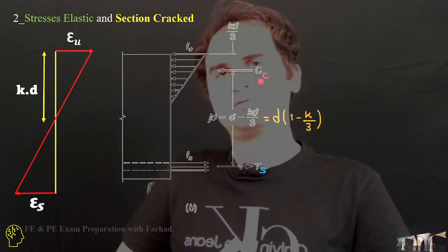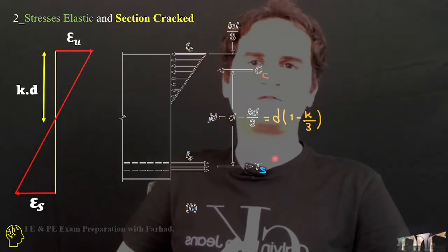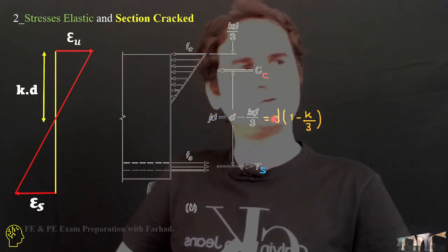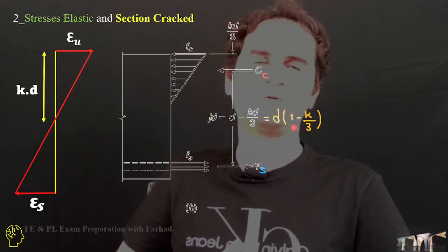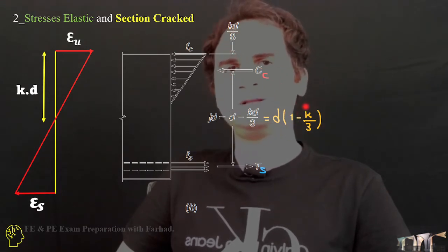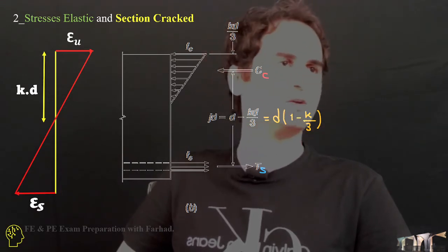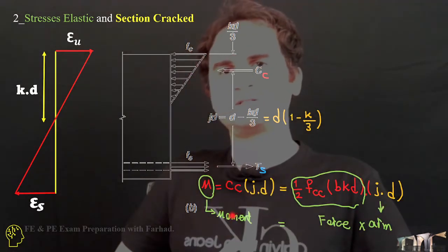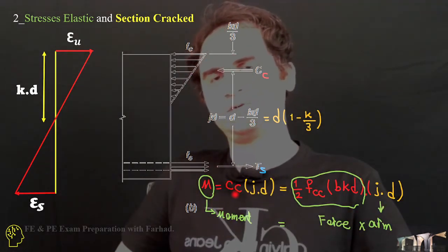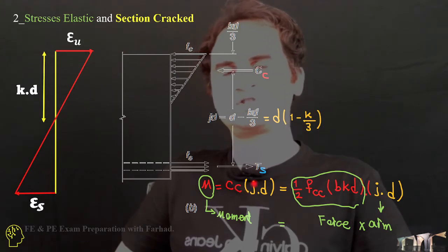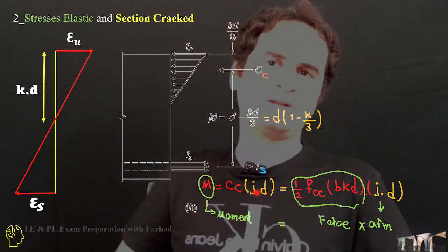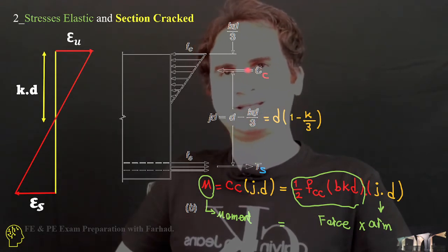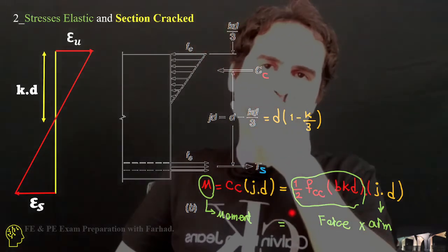If we take d out of the equation, that's d times open parenthesis 1 minus a third of k close parenthesis. The moment is nothing but force times arm: the compressive force of concrete, Cc, times jd.